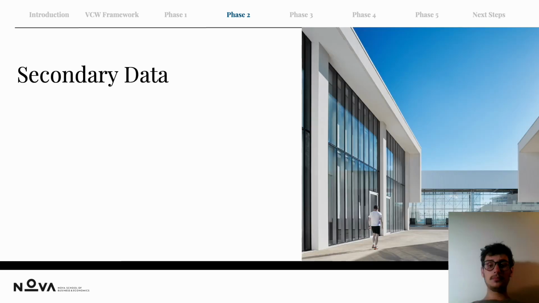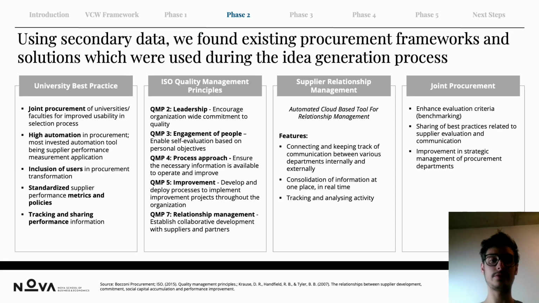Thank you, Flor. Now we'll talk about the secondary data. Using secondary data, we found existing procurement frameworks and solutions which were used during the idea generation process. We explored secondary data via universities, what they were doing in the procurement department.